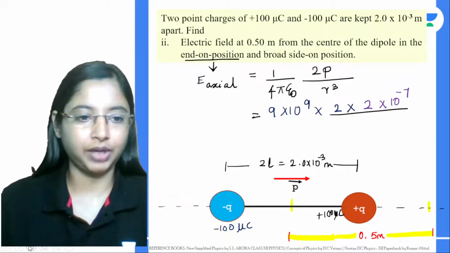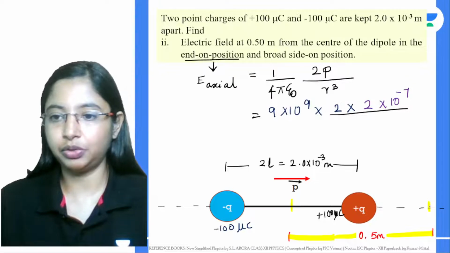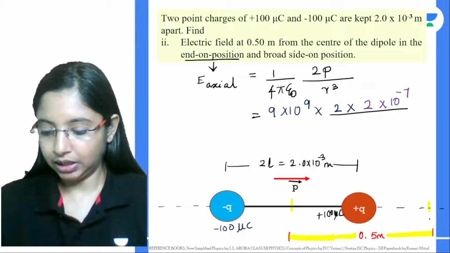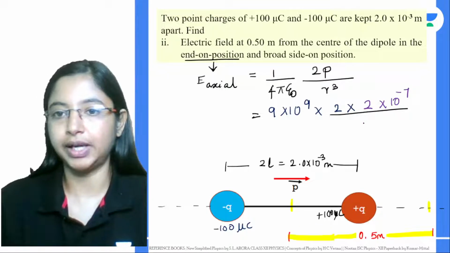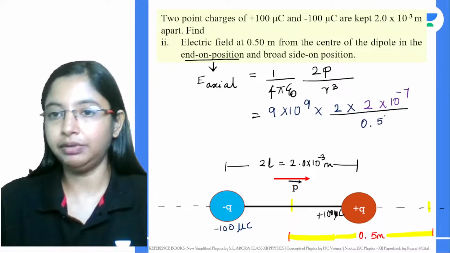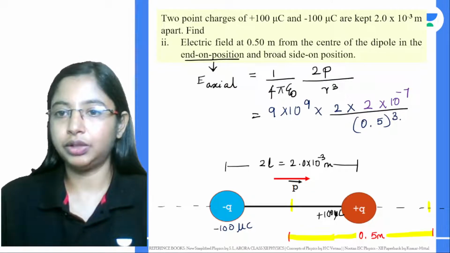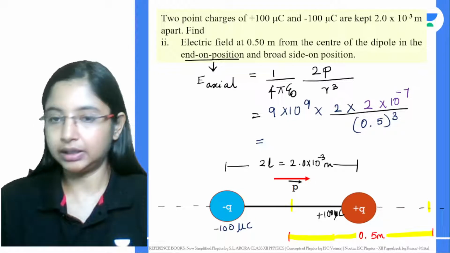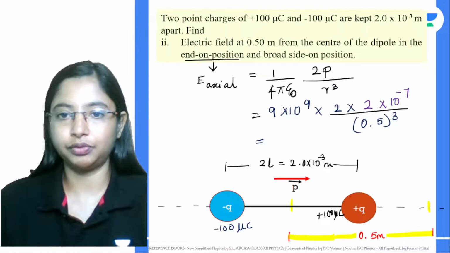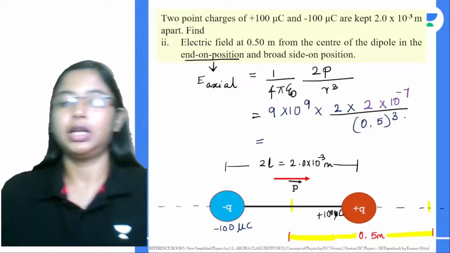What is the value of r cube over here? r is the distance from the center of the dipole to the point, so that will be 0.5 the whole cube. If you solve this equation, you will get 4 nines, and that divided by 0.5 cube.